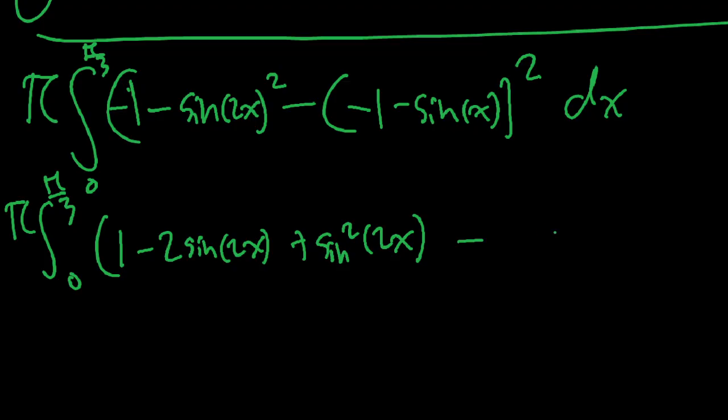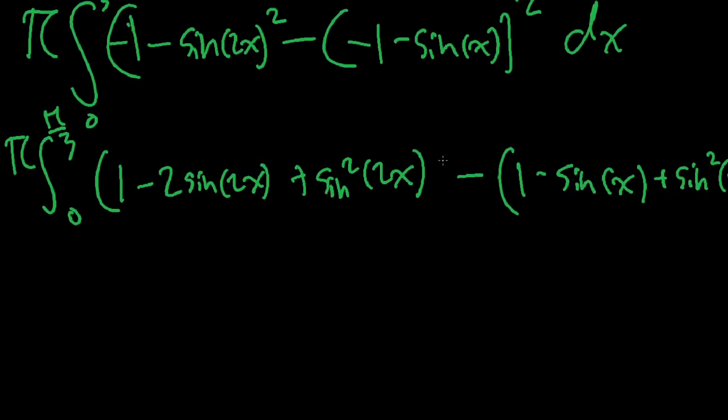And then for the second leg, it would just be 1 minus sine x plus sine squared x. And then double checking for sign errors, we're foiling it out.